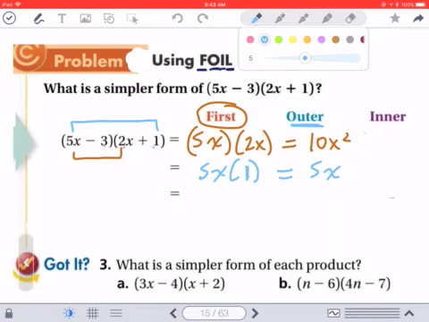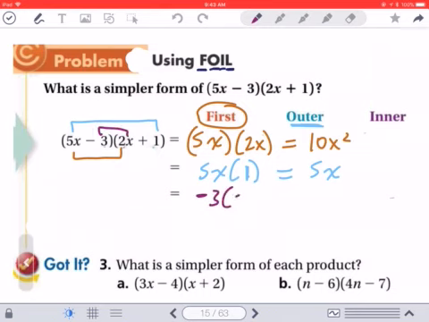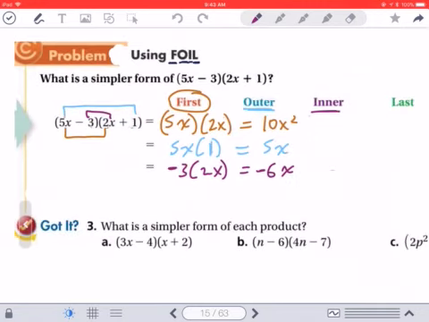And then I'm going to multiply the inner terms here in purple. So my inner terms are going to be negative 3 times 2x, which is going to be negative 6x. And my last terms would be negative 3 times 1, which is negative 3.